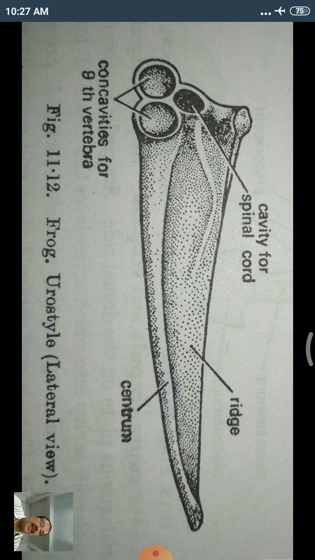Centrum is long and rod-like with a broad anterior end bearing two concavities to receive the convexities of ninth vertebra. Dorsally, it is raised into a vertical ridge gradually tapering posteriorly. Anteriorly, the vertical ridge contains a short, narrow canal for spinal cord. Transverse processes, pre and post zygapophyses, are entirely absent.